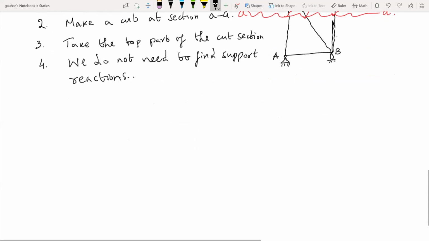Okay. What next? Draw a free body diagram. Because we know that without a free body diagram, we cannot do this, right? So draw the free body diagram of the top part.